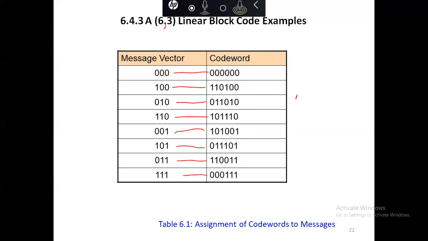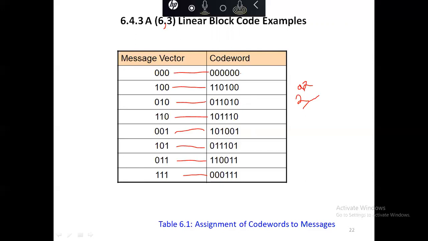But if you have 2 raised to power 92 mappings, you cannot find them from the lookup table. You cannot maintain it because the computation power is very high or the memory requirements are very high. So to overcome this, we use a generator matrix.